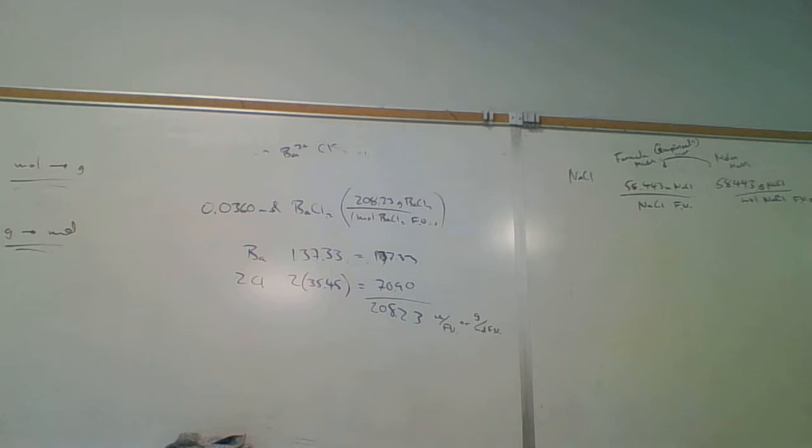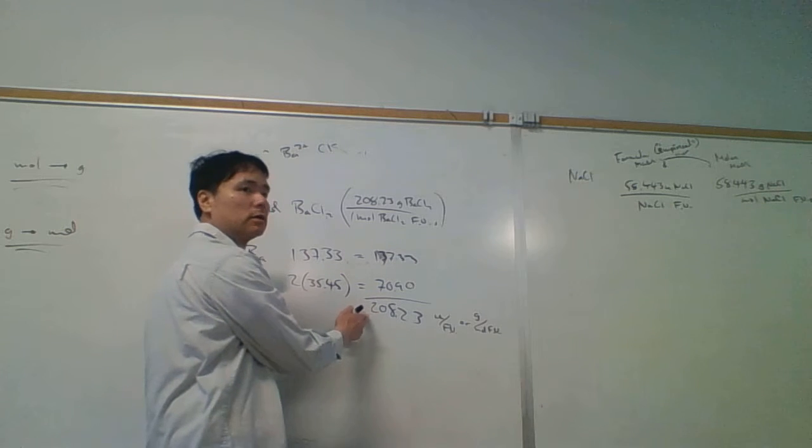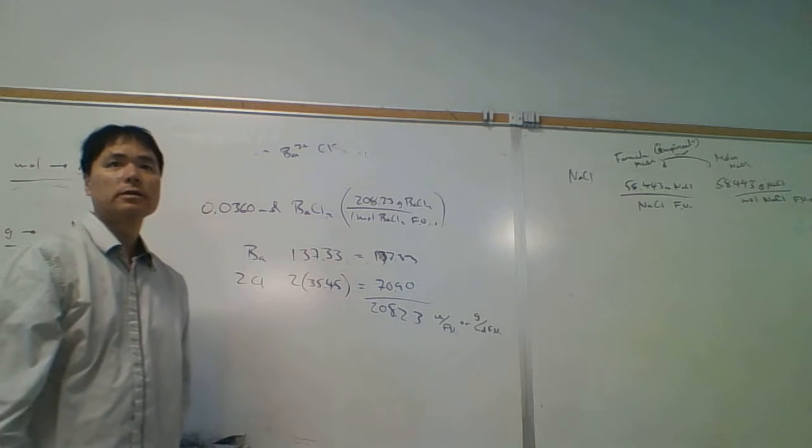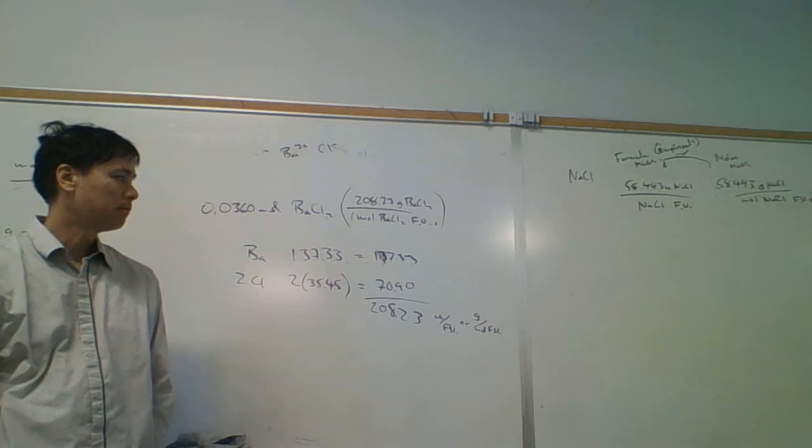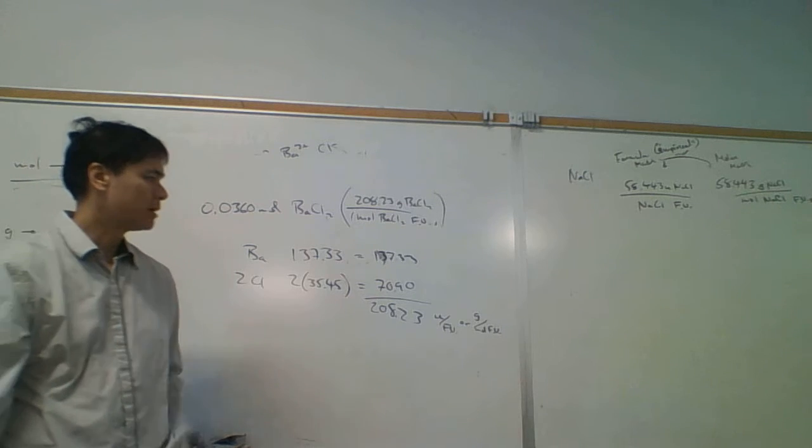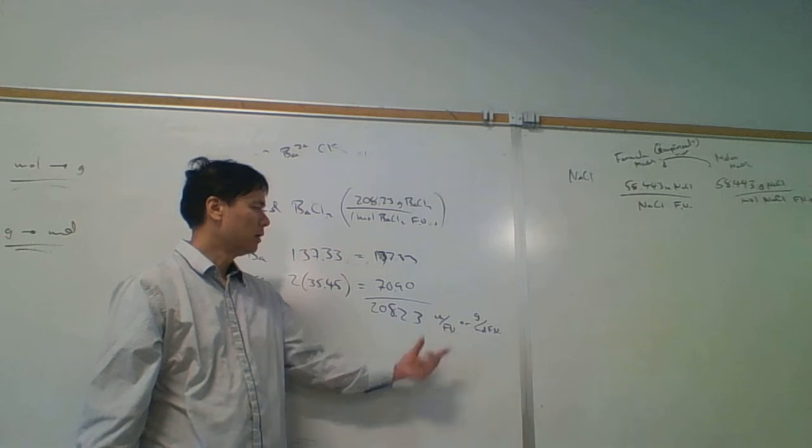So, save myself a calculation. Let's see what the book did. So first they got the, what did I call this? Yeah, that's the mass. This would be called the molecular mass.